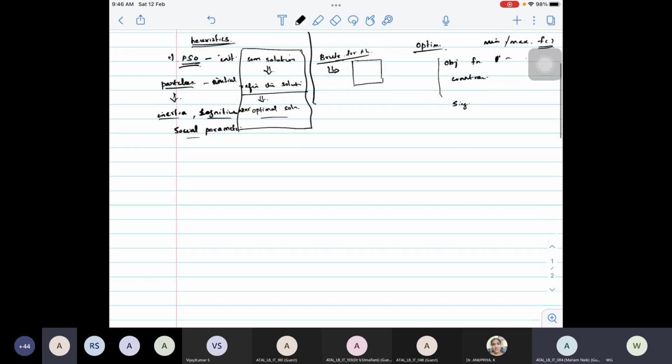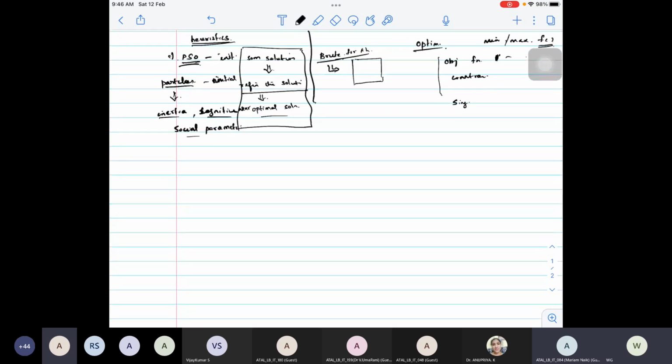The new position of a particle is given by x_i^(k+1), where k+1 is the iteration. This is the sum of its previous position plus v_i^(k+1), which is the particle's velocity.